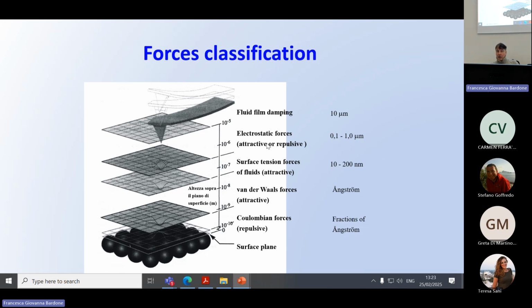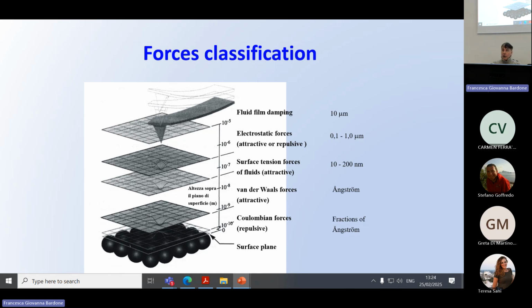Or you can measure electrostatic force, attractive or repulsive. You can measure surface tension of fluids. You can measure van der Waals forces. And you can measure Coulombian forces, which are repulsive. And this is the surface of your material. So as a function of the distance, different types of force will act and will interact with your probe.